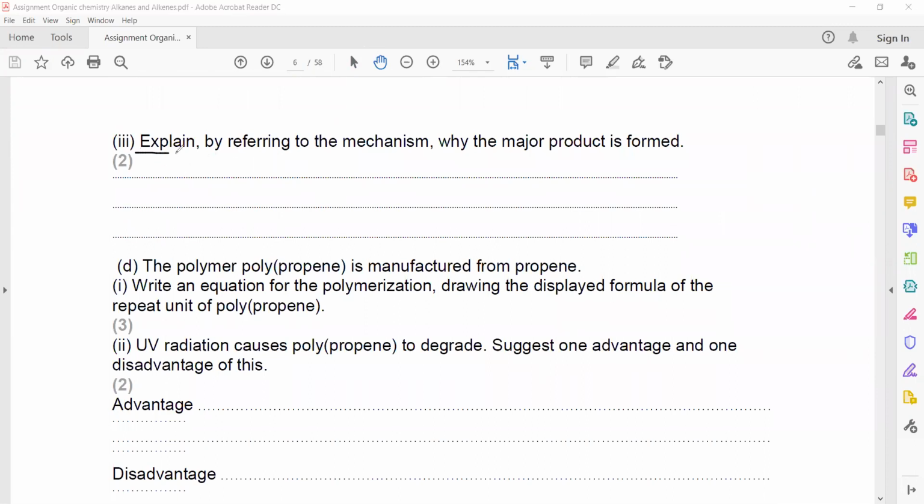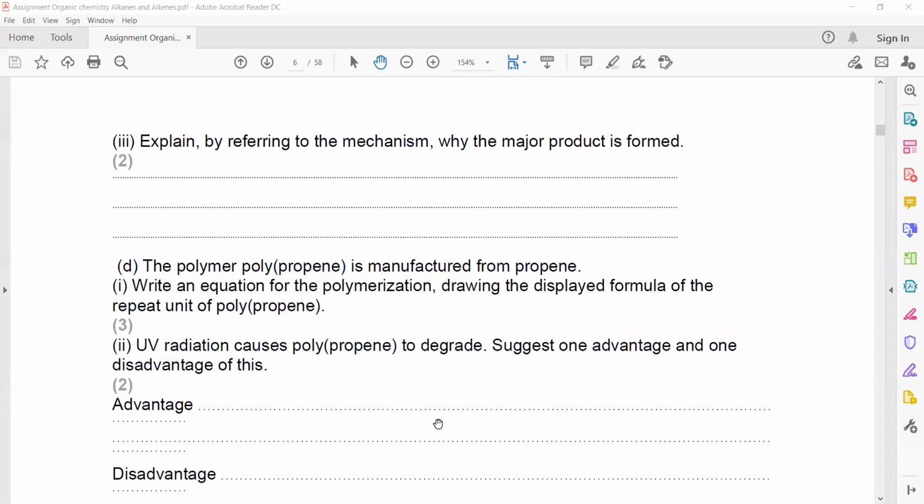So next, by referring to the mechanism, why the major product is formed: the carbon cation which is surrounded by more alkyl groups is more stable. So what is the reason for that? You will mention that it will form a secondary carbon cation, which is more stable than a primary.